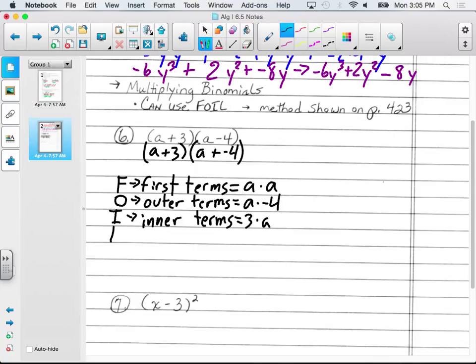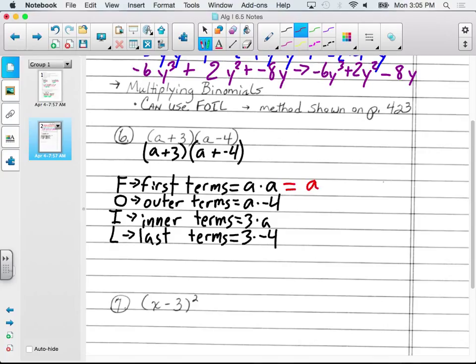And last letter L, what's that stand for? Last term. Last terms. What are our last terms? 3 and negative 4. Alright, so when we multiply our first terms together, A times A, what do we get?